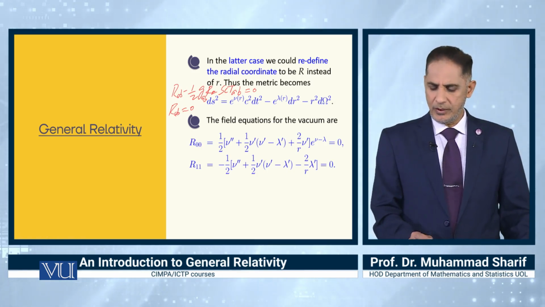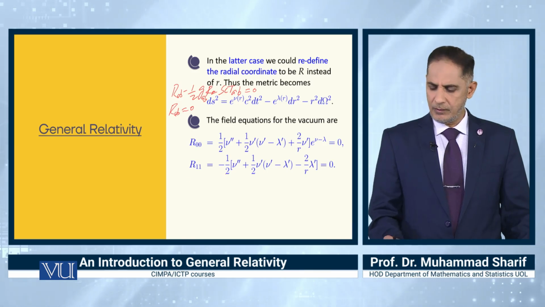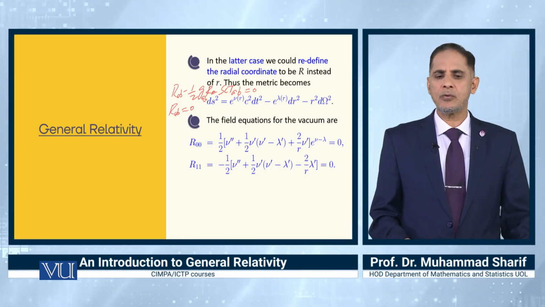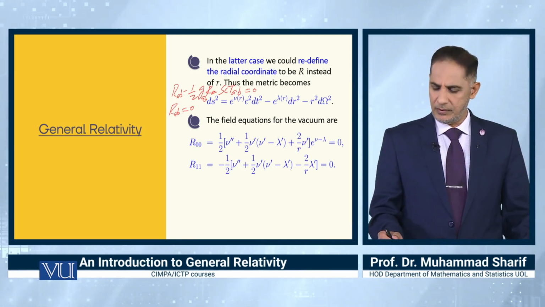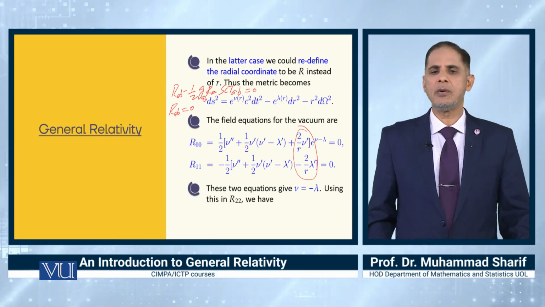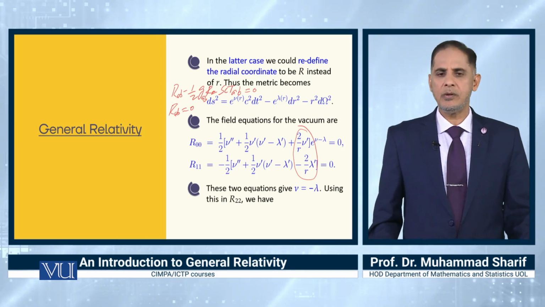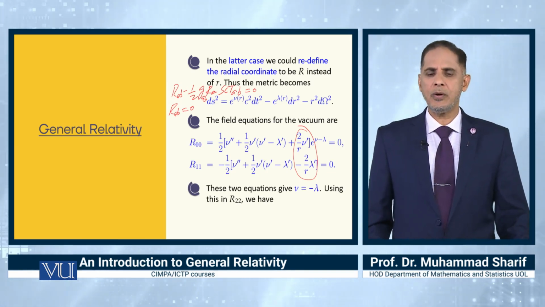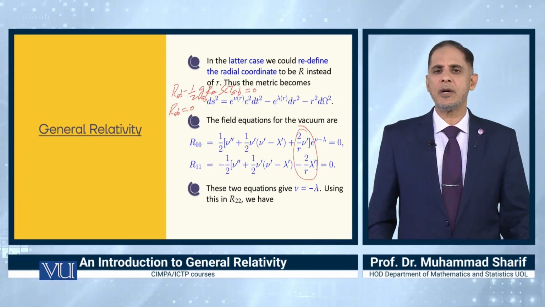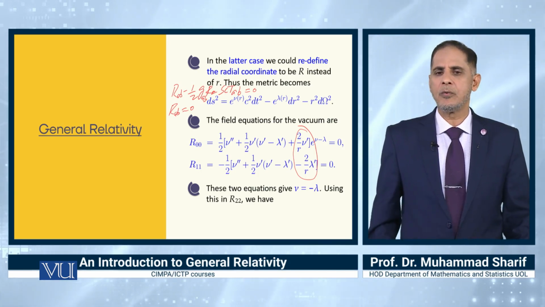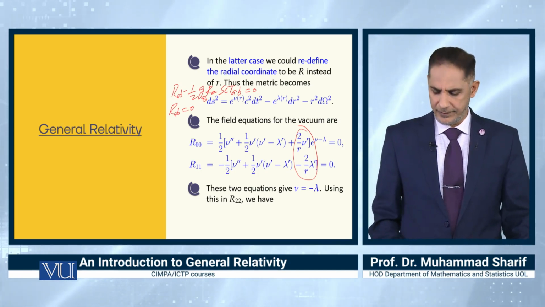So, the R00 component is here, the R11 component is here, and you can see from these components, when we add these two components, we are left with only this term. And these two equations imply that nu is equal to minus lambda. So, in fact, we have two non-zero functions, but from these two equations, we are reduced to only one.